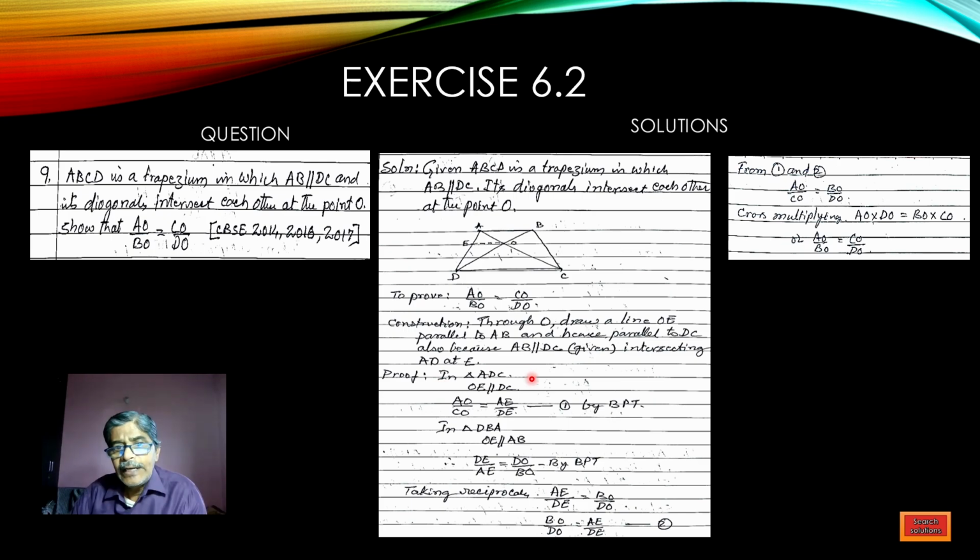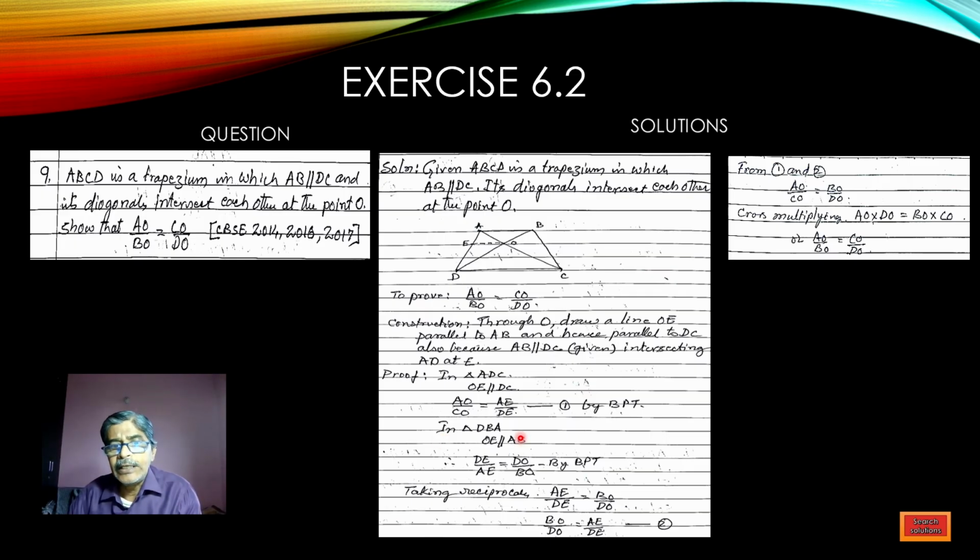Now the proof. In triangle ADC, OE is parallel to DC. Then AO by CO is equal to AE by DE. We will call it 1, by BPT.